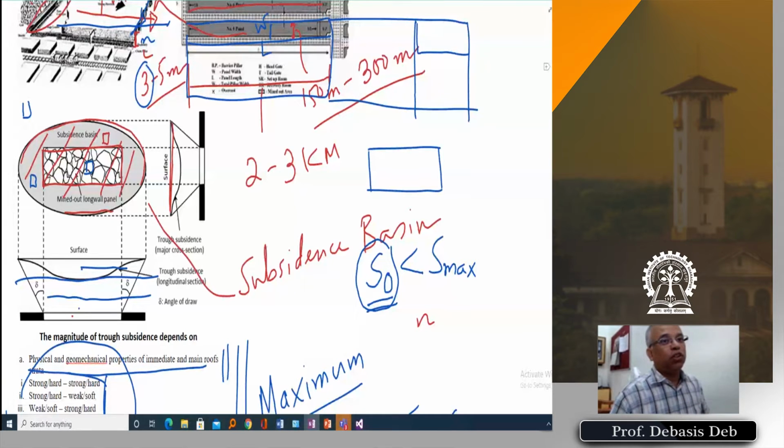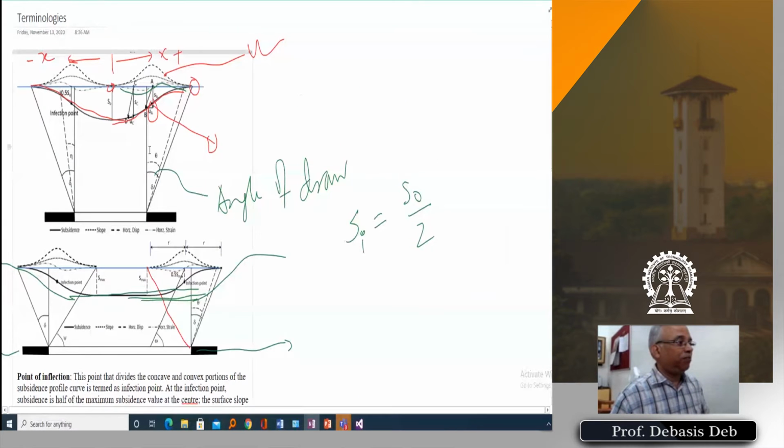So that is why the angle of draw is very important.